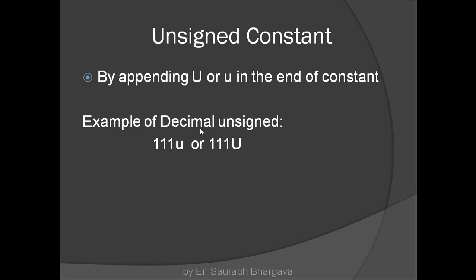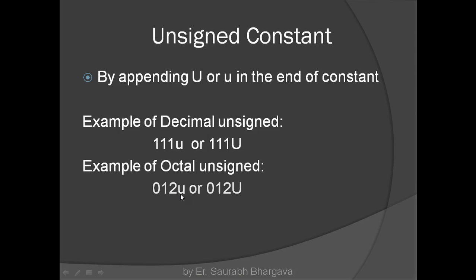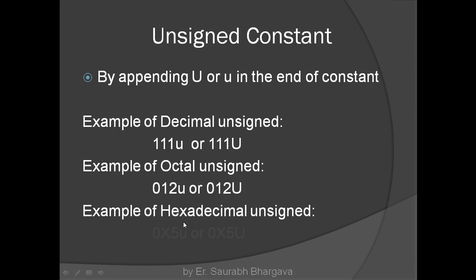So here is decimal constant 111. After that we have placed u, so it's decimal unsigned. Similarly, we can create octal unsigned by placing u after the octal digits, 012u. Similarly, hexadecimal 0x5u.